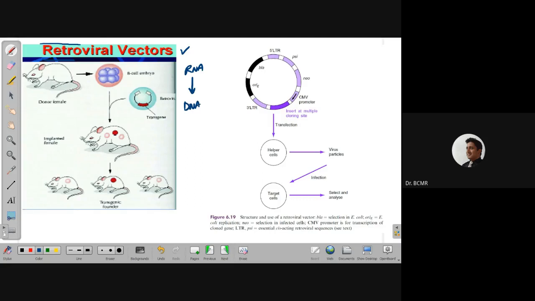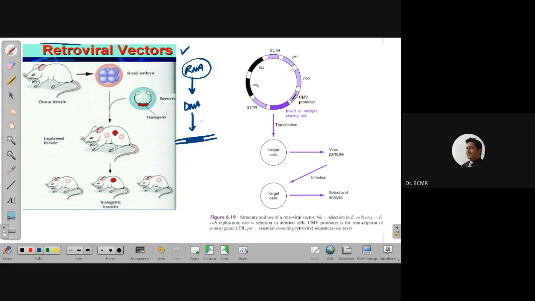And usually this DNA will get integrated into the genome, right? So by default, these RNA viruses have a propensity to integrate into the host genome. So why not use them as vectors?